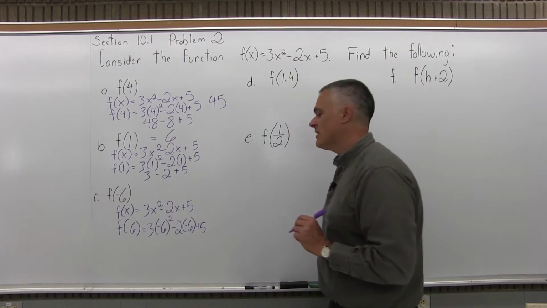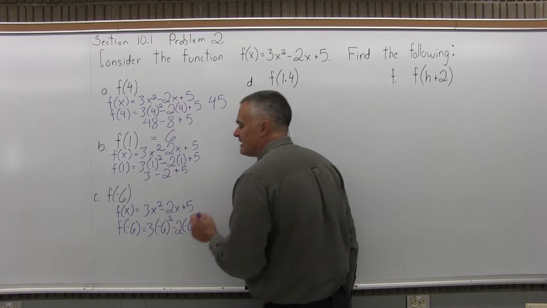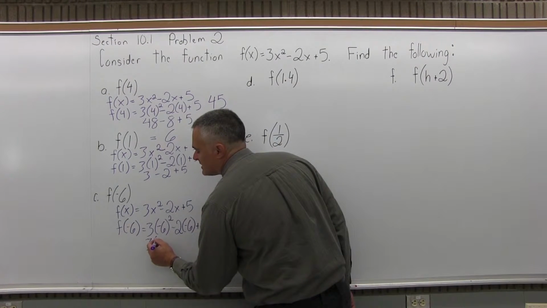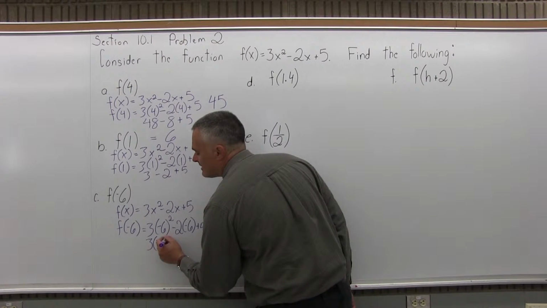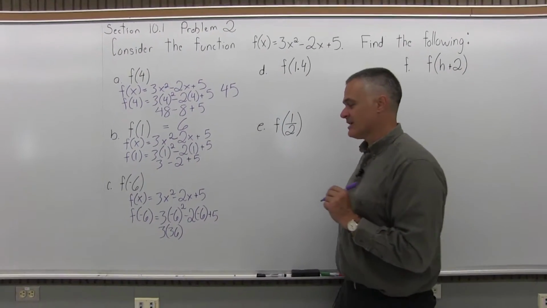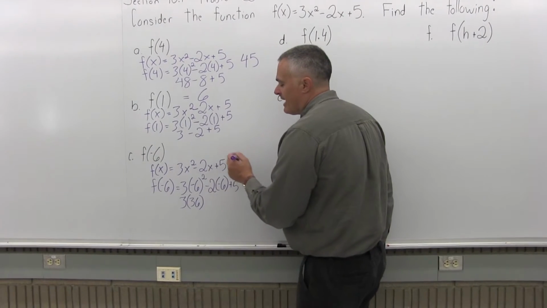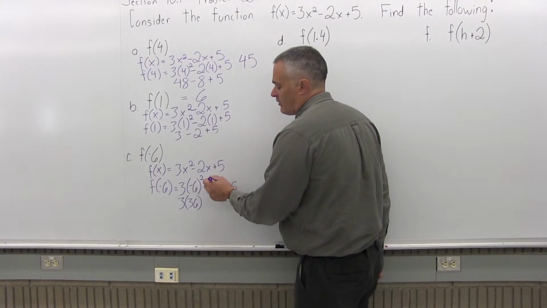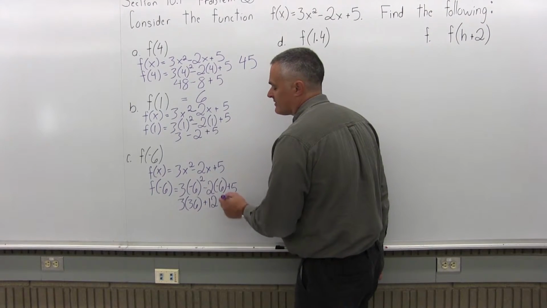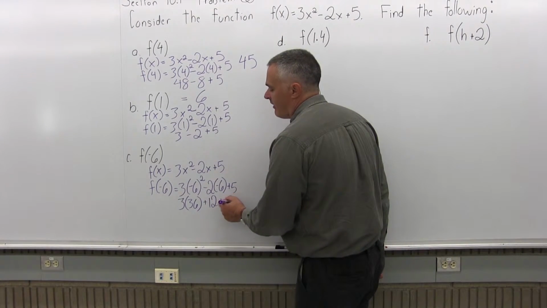Now, here's where we have to be careful. 3 times negative 6 squared. Let me write out an additional step for this one. Negative 6 squared is negative 6 times negative 6, which is positive 36. Right? The negatives will cancel. And then the next part of the problem, negative 2 times negative 6 is positive 12. Again, the negatives cancel, and there's a plus 5 on the end.